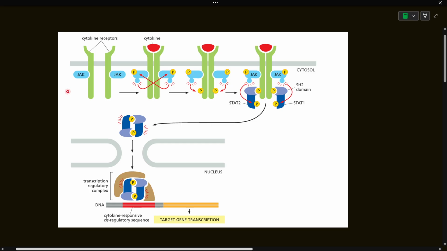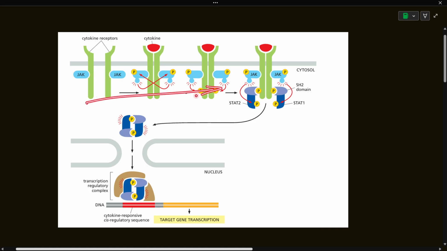The only difference is that the cytoplasmic tyrosine kinases, JAK, associate themselves with the receptor, and the receptor peptide and the tyrosine kinase peptide are different. This is not the case in the receptor tyrosine kinases, where the intracellular part itself has tyrosine kinase activity.